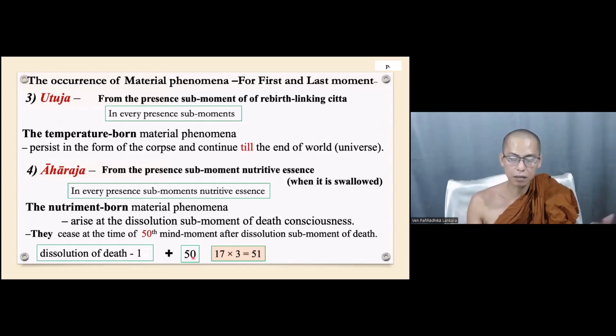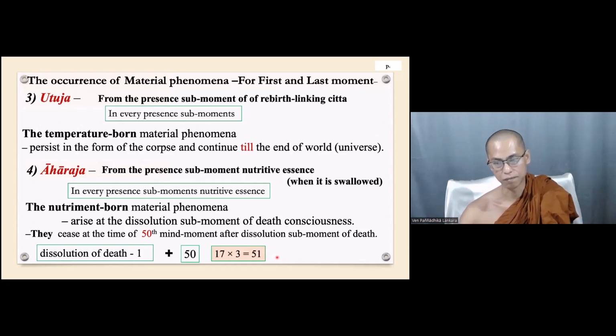We can just guess the time. So altogether 51 material sub-moments, equal to the lifespan of materiality. So now we understand the 4 types of materiality, their starting point, their continuation, their last moment, and when they cease.